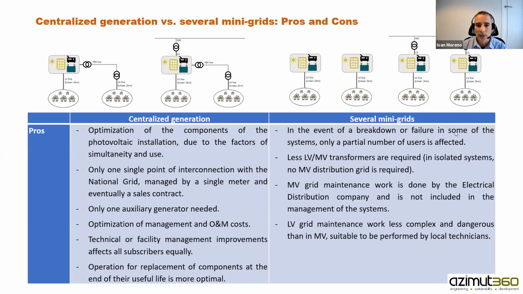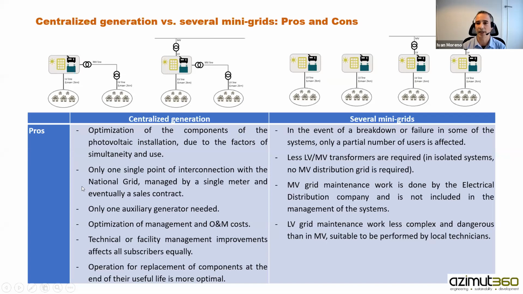So here we are starting with centralized generation. What are the pros? In this case, we can see optimization of the components of the photovoltaic installation due to the factors of simultaneity and use. It's clear we have only one site with a PV resource.